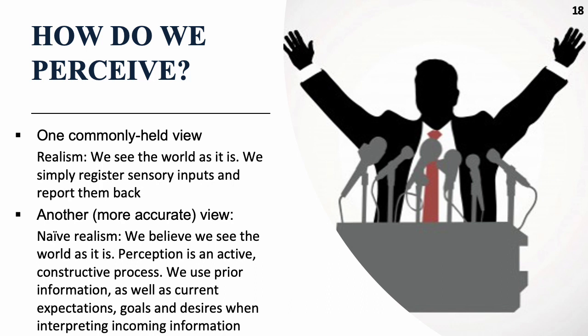A great example of this would be the political arena, right? So if you watch a political debate, whether it's the Democratic debates or the more advanced debates, with the Republican nominee and the Democratic nominee, how we perceive the debate and how we perceive what each person is saying often depends on the information that we already know and believe about those people.